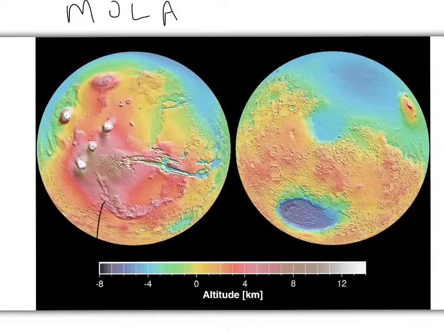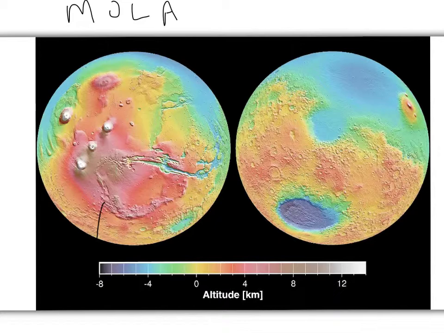And while it was doing that, it was constantly beaming down laser pulses from orbit, measuring how long it took those laser pulses to bounce back, and using that data to calculate point by point what elevation those different points were. And then when you assemble them all together into a globe here, you can see very clearly these elevation differences.